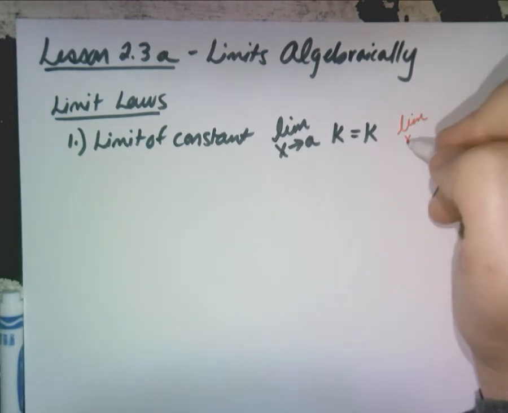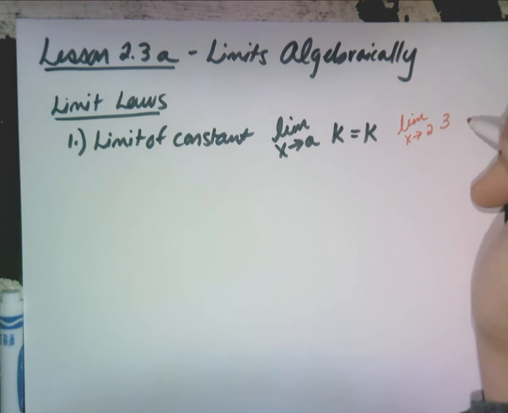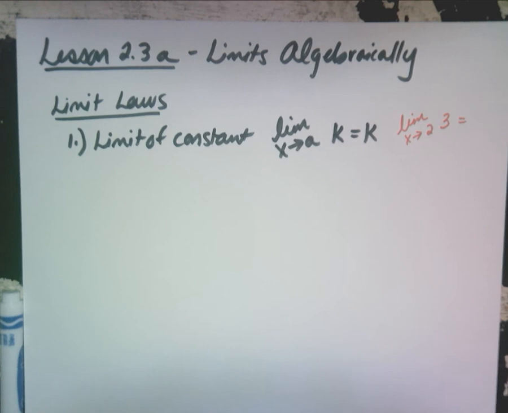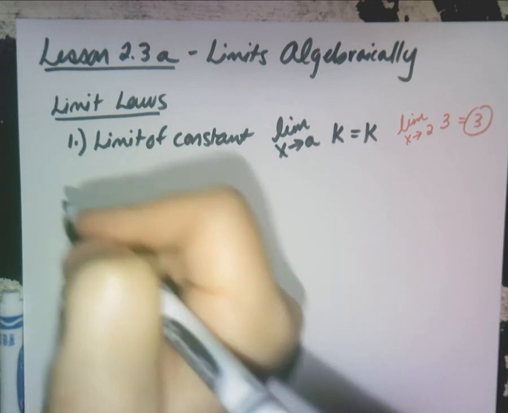If I said the limit as x approaches 2 of 3, guess what the answer is? As you approach 2 and the 3 is your value, from the right and from the left, it's going to be 3. It's going to be this straight line. So the limit of a constant is the constant.